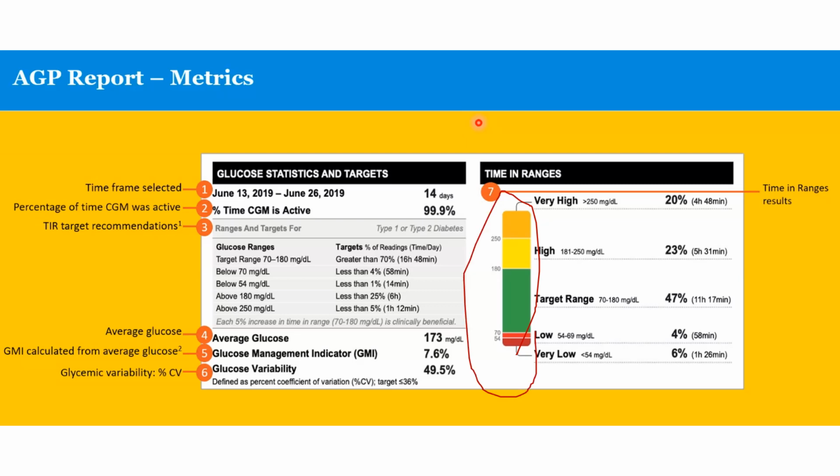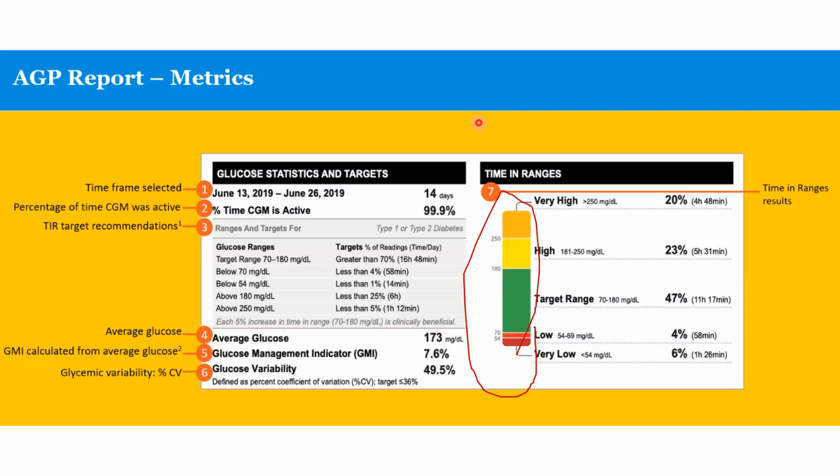Yeah, so right here, this is sort of the overall picture where you have time in range, and then high, very high, and then lows. And here in this gray box, it's telling you what the goals are for those ranges. So it's right there on the report.